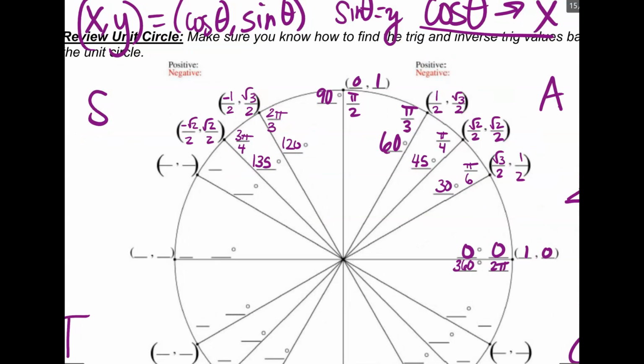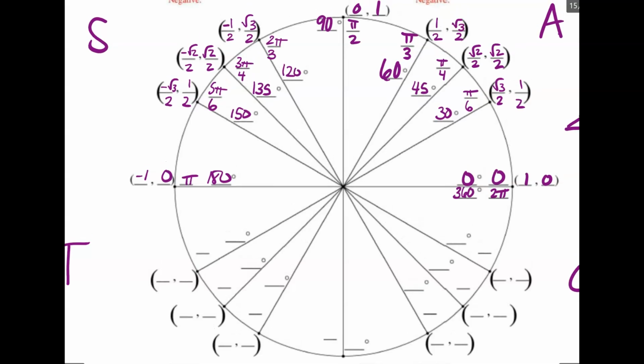All right, so this is going to be 150, also known as 5 pi over 6. So where I had positive root 3 over 2, I have negative root 3 over 2, comma, 1/2. And then I reach pi, which is 180 degrees. That's going to be negative 1, comma, 0. So if I ask for cosine of pi, you know it's negative 1 because that's your x coordinate.